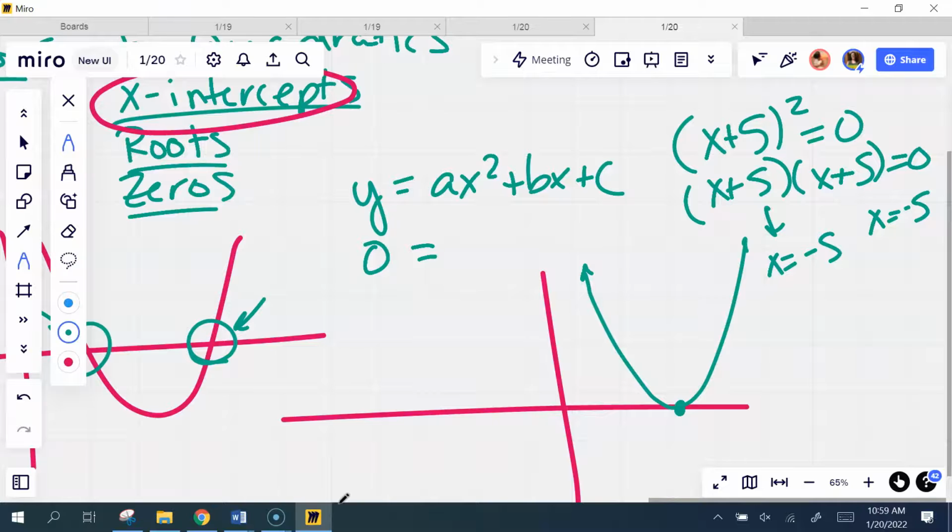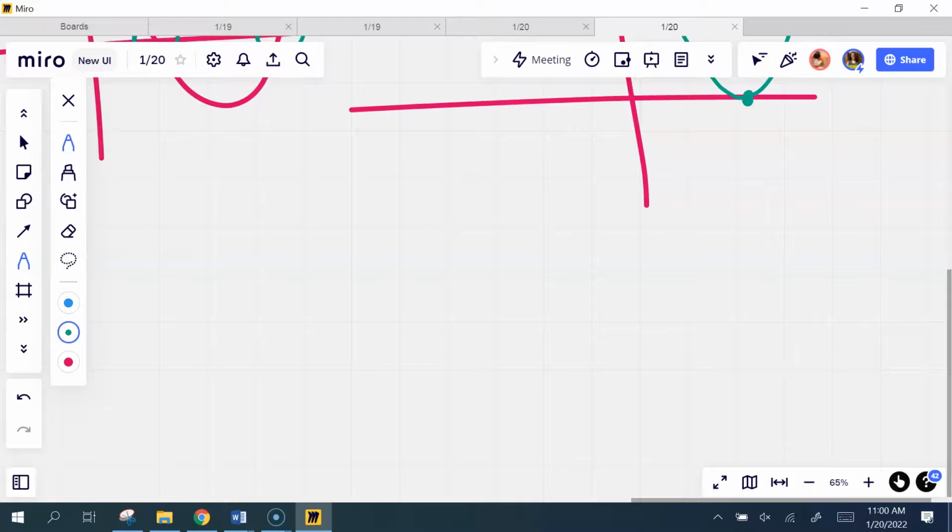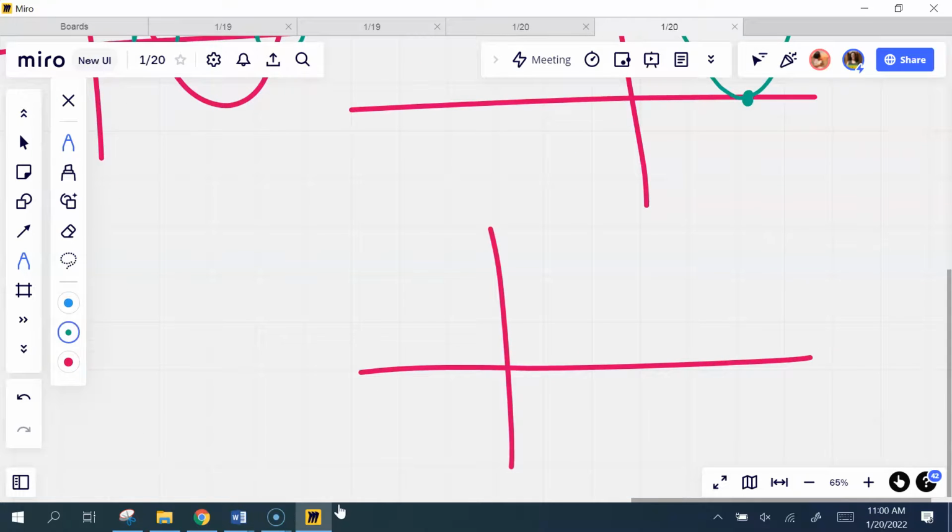Can you think of a time when you have no solutions and what that might look like graphically? Anybody? Okay, and that might occur sometimes. How about graphically, though? What does it look like? If it has no solutions, it has no x-intercept. A parabola that goes on forever with no x-intercepts might look something like this.